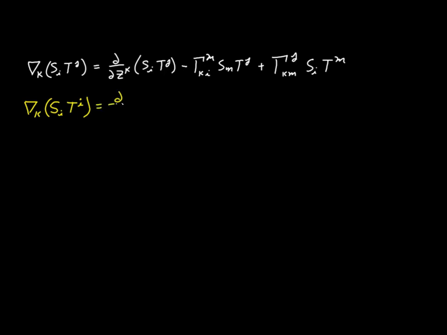So we're going to get something that looks almost identical. We're going to take the partial derivative with respect to Z^k of our product, S_i T_i. Then we're going to have these two terms, but we're going to have gamma^m_{ki} S_m. This time it's T_i instead of T_j. And the last term is gamma^i_{km} S_i T_m.